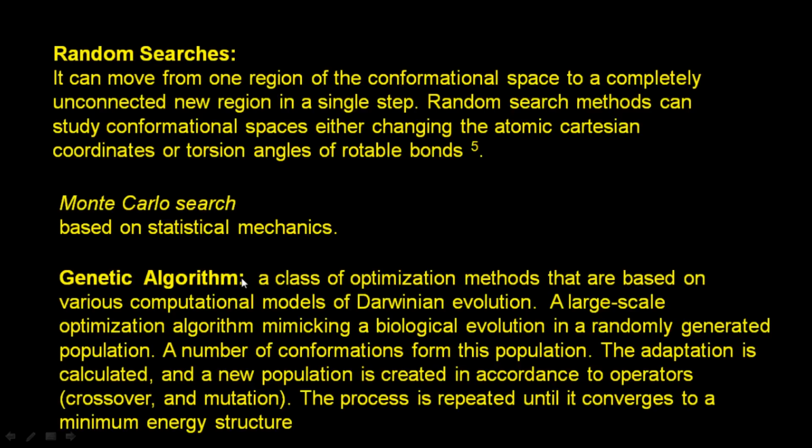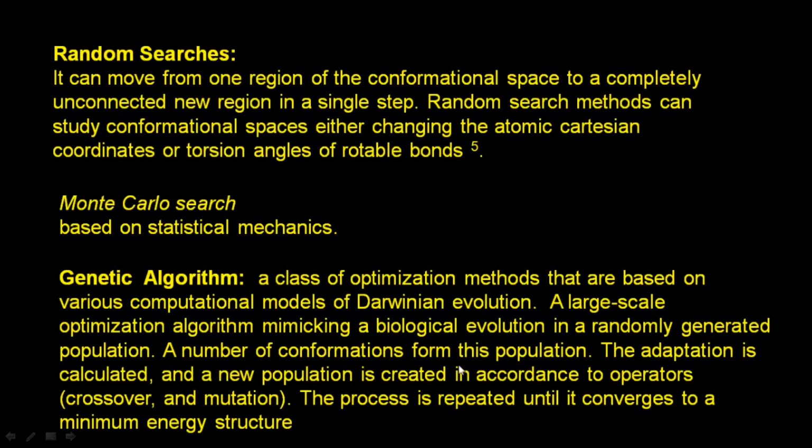Then we have the genetic algorithm. GA is a class of optimization methods that are based on Darwinian evolution. It is a large-scale optimization algorithm mimicking biological evolution in a randomly generated population.